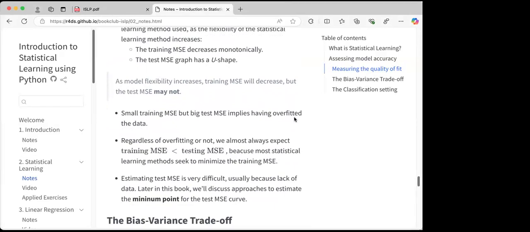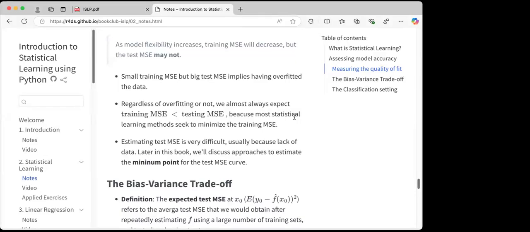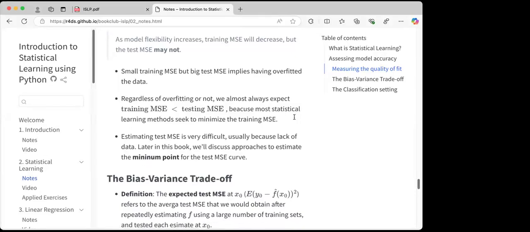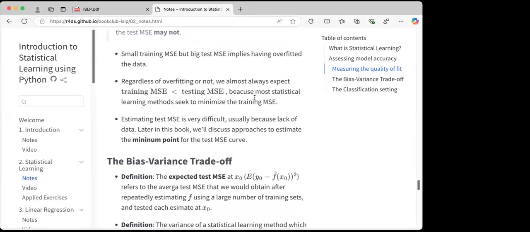We want a case wherein both the test and the train MSE are low, but we are more interested in the test MSE. Regardless of whether the model is overfit or not, we always expect the training MSE to be lower than the test MSE, because most statistical learning methods seek to minimize the training MSE.